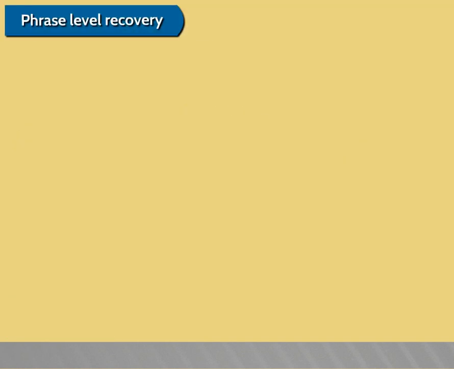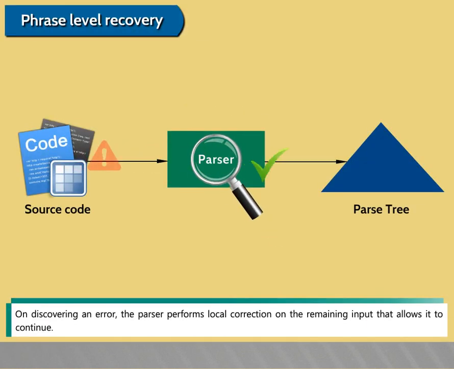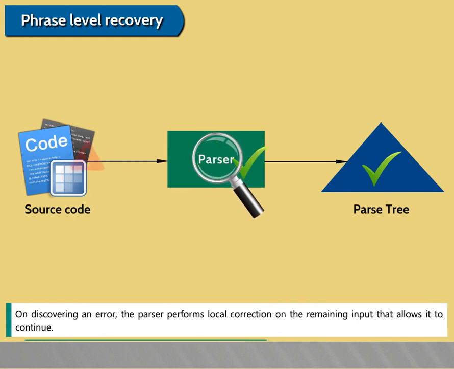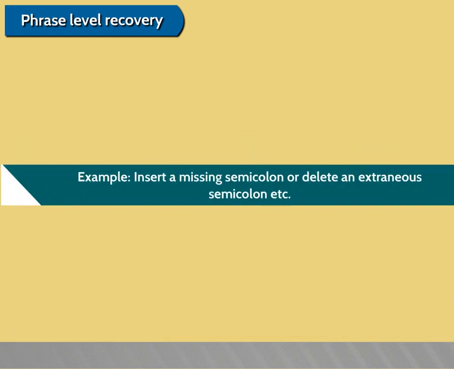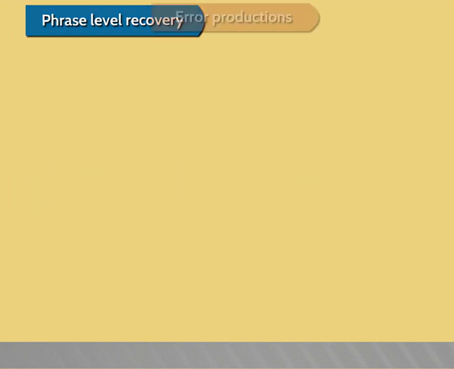Phrase level recovery. On discovering an error, the parser performs local correction on the remaining input that allows it to continue. Example: insert a missing semicolon or delete an extraneous semicolon, etc. Error predictions.